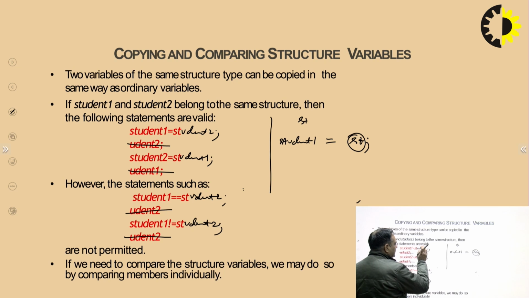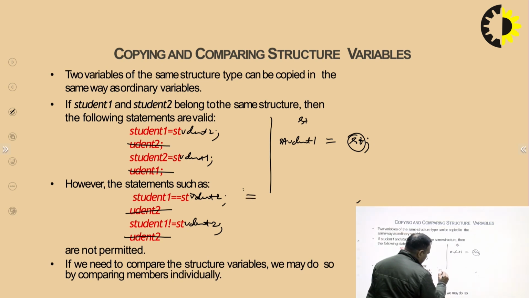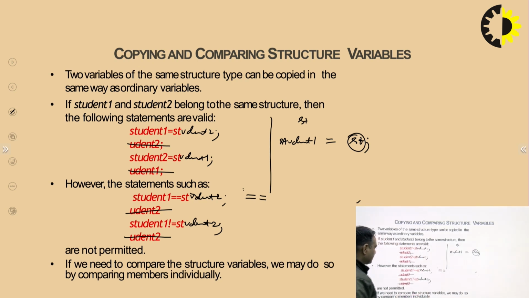There are two structure variables, student 1 and student 2. All the information of the field members of student 2 is copied to the other structure variable student 1, and student 1 is assigned to student 2. These are assignment operators, meaning a copy of all the information in one variable to another variable. For comparing two structure variables we use comparison operators.